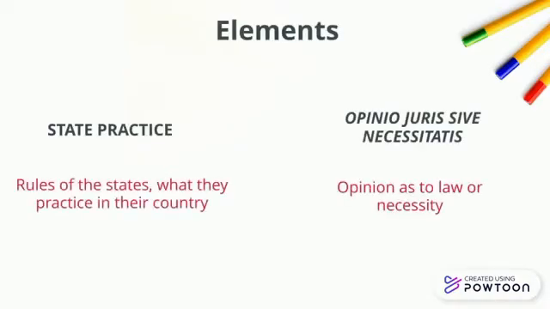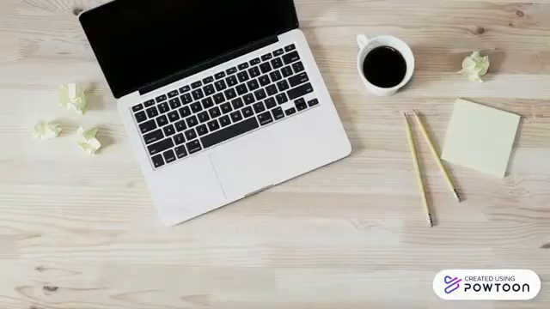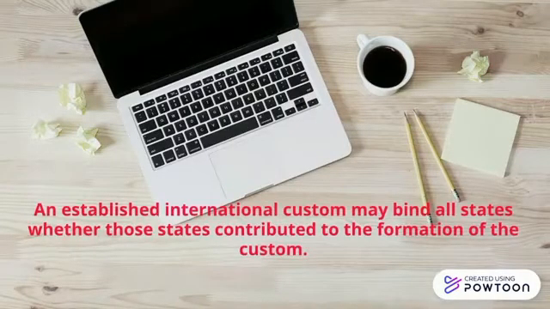State practice is what states actually practice in their countries, and there are a lot of rules prohibited by international law itself to the states. Opinio juris sive necessitatis is opinion as to law or necessity. Therefore, an established international custom may bind all states, whether those states contributed to the formation of the custom or not.